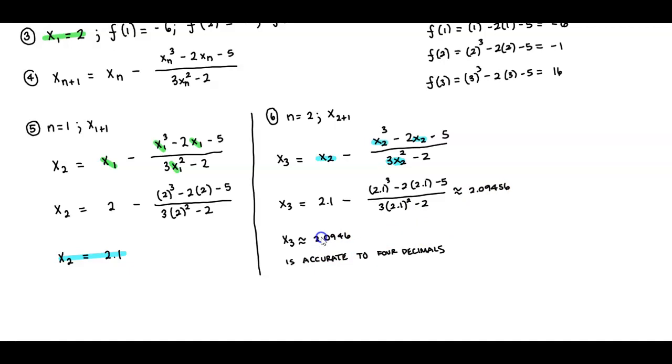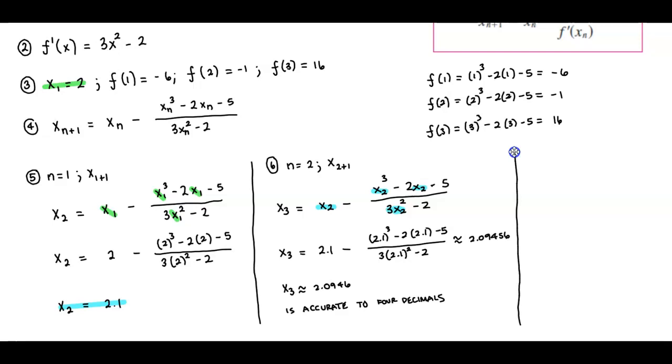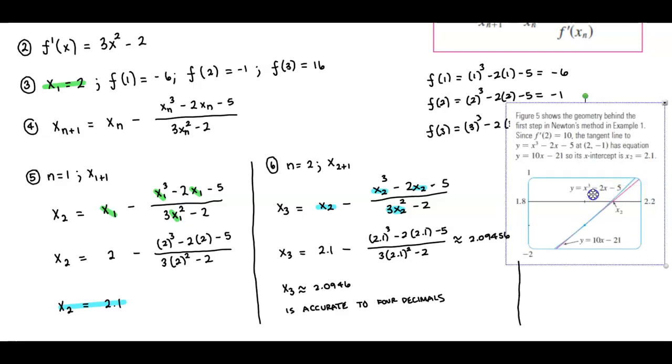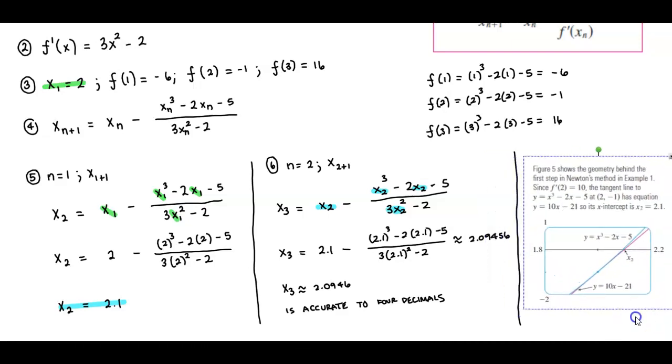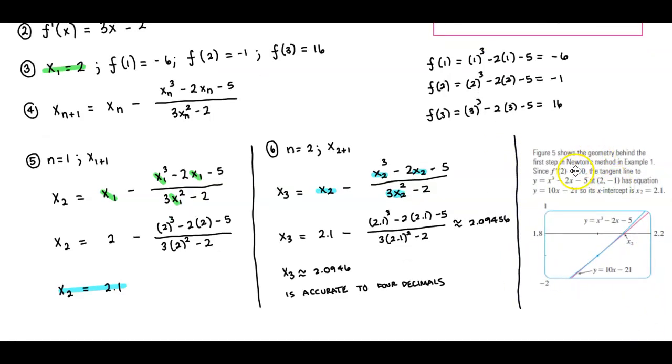Okay, now let's take a look at the graph. This graph shows the geometry behind the first step in Newton's method in example 1. Since f prime of 2 is equal to 10, the tangent line to y equals x cubed minus 2x minus 5 at the point 2, negative 1 has an equation of y equals 10x minus 21.